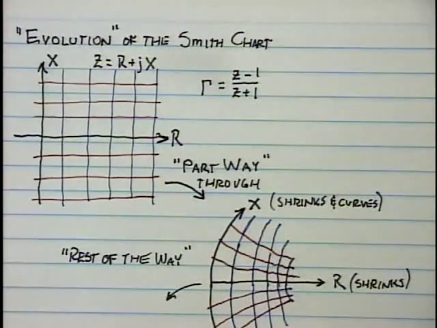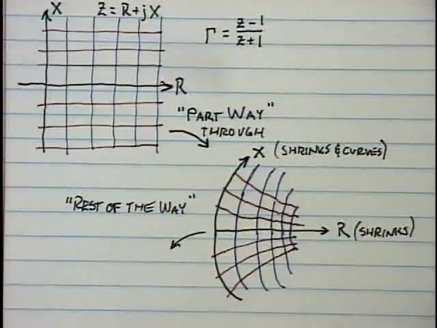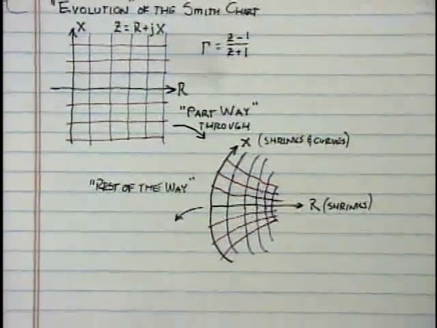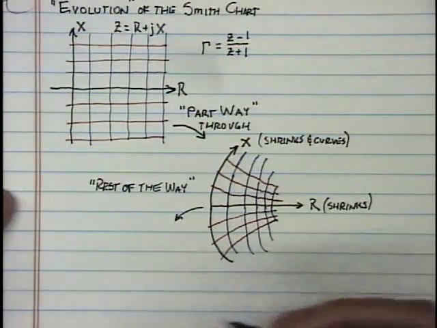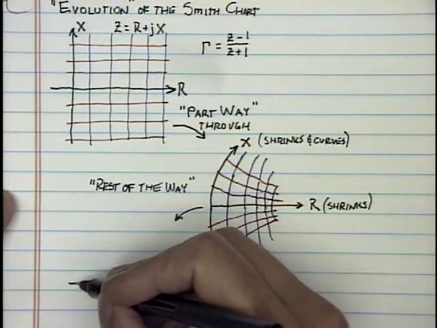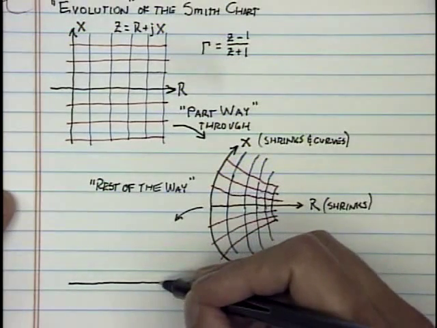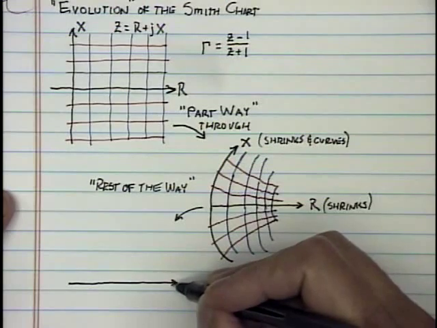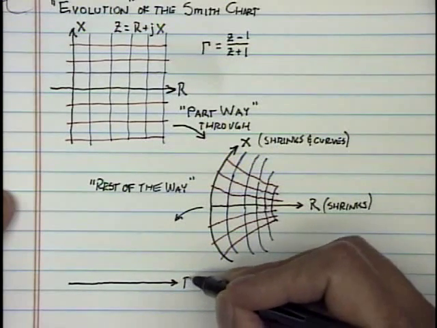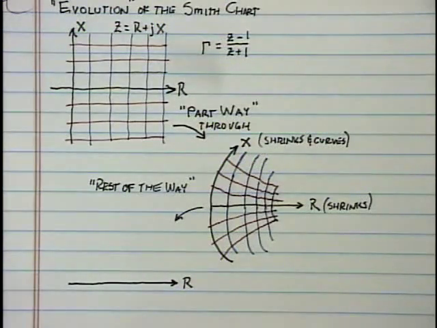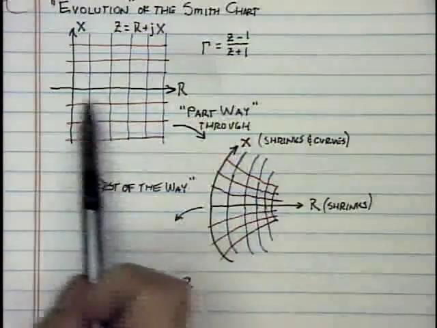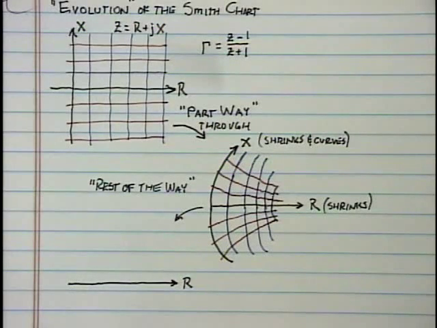Well, let's bring this transformation to an end. Let's go the rest of the way through the transformation. Okay, here's how things end up. The r-axis shrinks so far that the original resistance axis for the right half plane that went from 0 to infinity shrinks down to unit length.